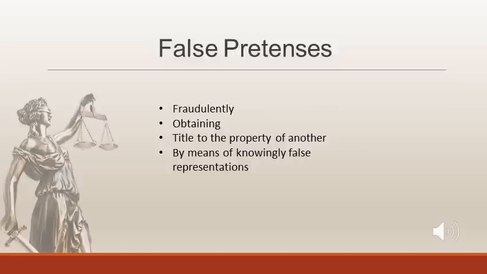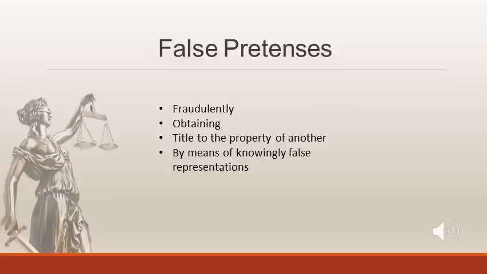If the false representations that you made caused the victim to hand over property and the title to that property, then based on what you said, we have to look at whether or not a reasonably prudent person would have relied on what you said and therefore gave you the title to the property. So when we're looking at obtaining the property, we have to look at whether or not the victim had the RPP standard and had justifiable reliance when the defendant obtained the property.